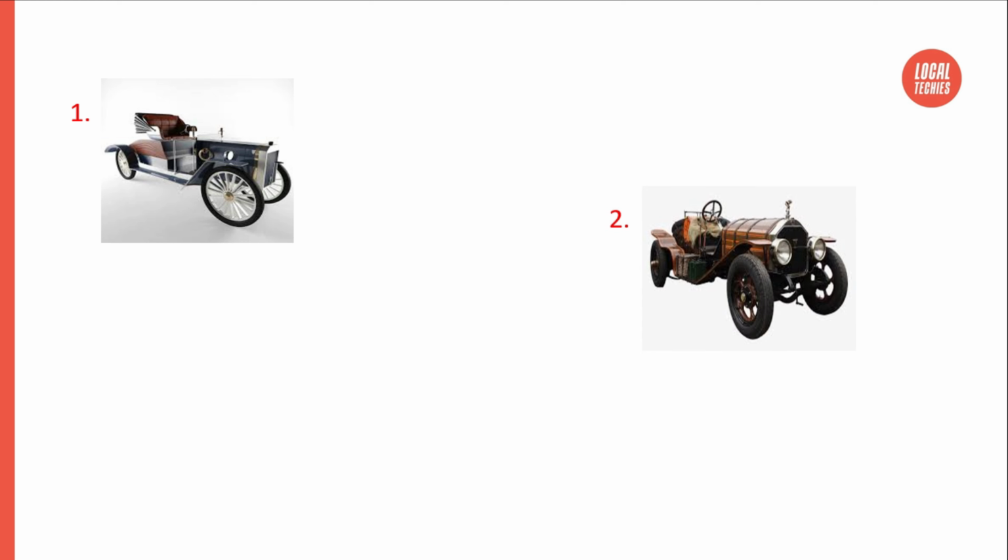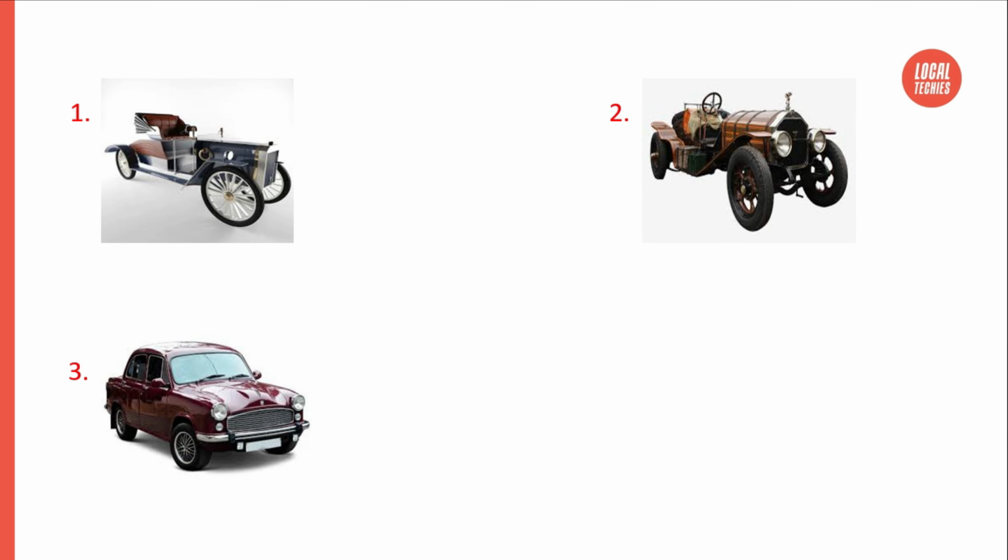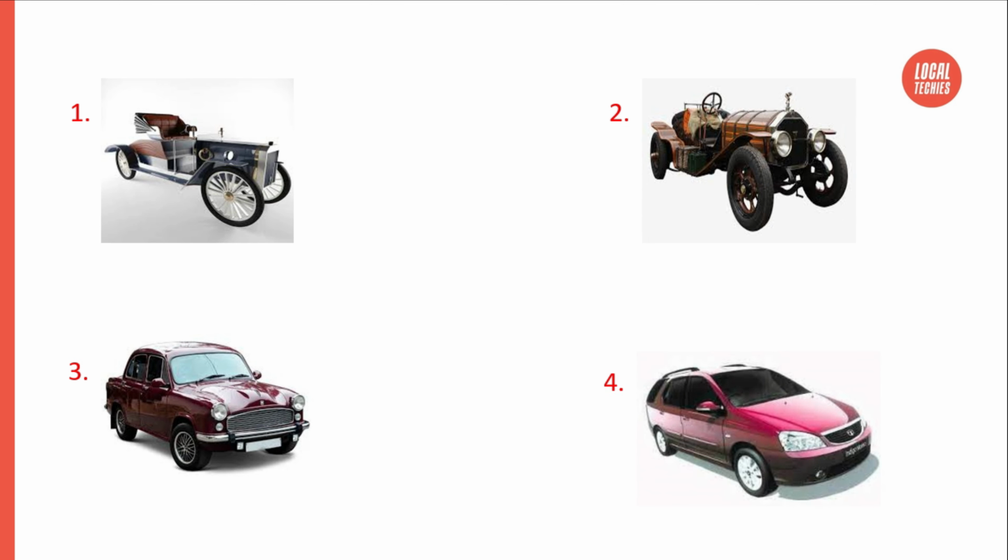Let us say this is my model 1, this is my model 2, this is my model 3, and this is my model 4. Now, after I do a test on all these models based on my requirement, what I identify is my model 1 covers 70 kilometers in 120 minutes, and model 2 covers 70 kilometers in 90 minutes, and model 3 covers 70 kilometers in 50 minutes, whereas my model 4, it covers 70 kilometers in 45 minutes.